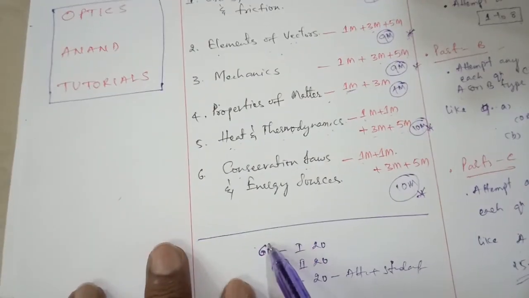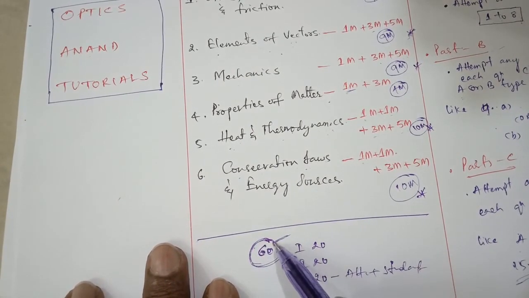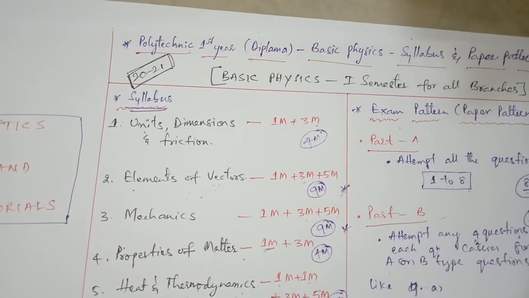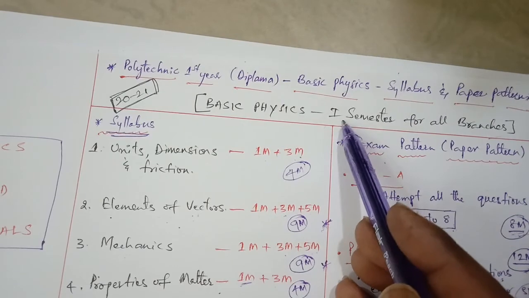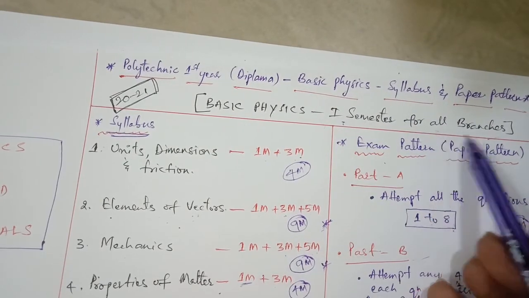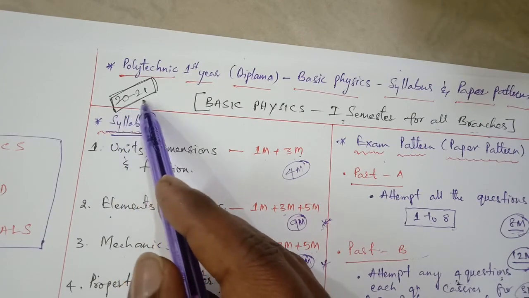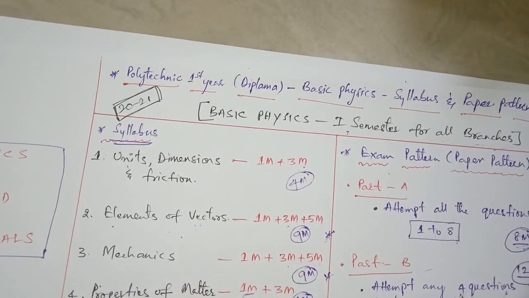The 60 marks will be in your lecturer's hand. So this is about the Polytechnic first year diploma basic physics syllabus and paper pattern for the first semester for all branches, according to the 2020-2021 academic year syllabus.